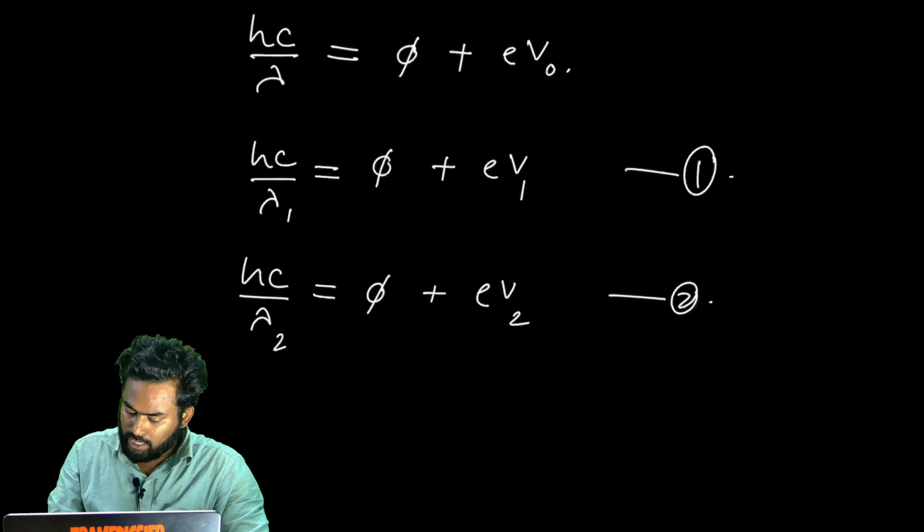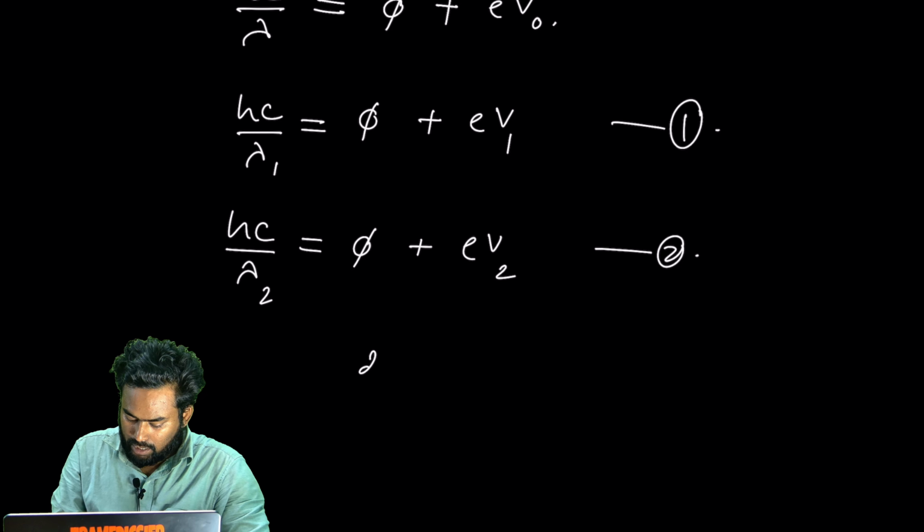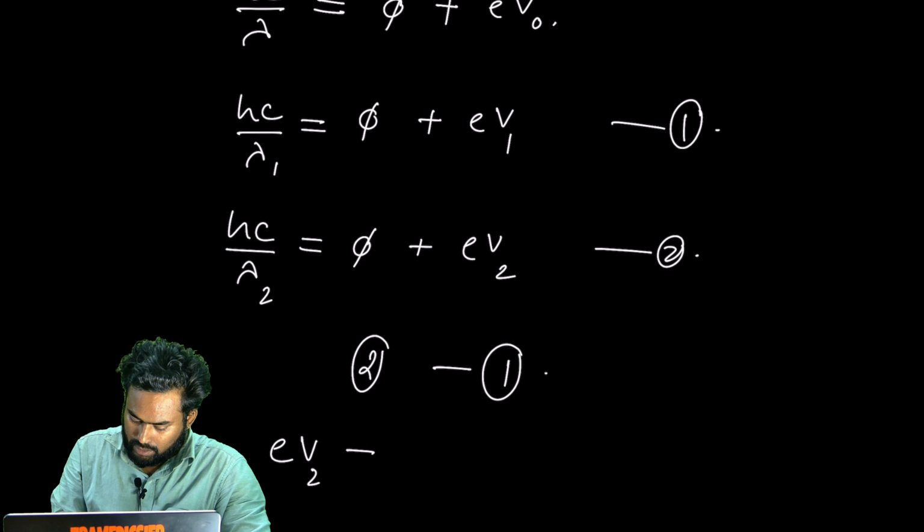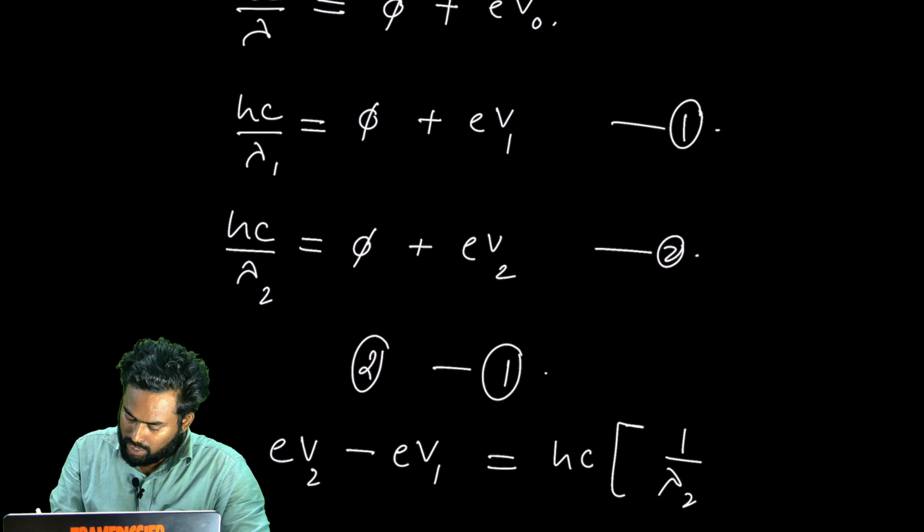They are asking V1 minus V2, so subtract the second minus the first. By doing second minus first, we will get e times V2 minus e times V1, and phi will get cancelled. We will get hc times (1 by lambda 2 minus 1 by lambda 1).